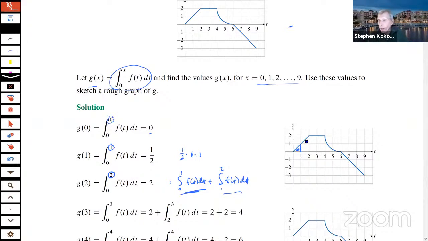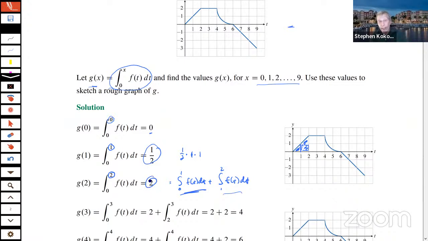So this amounts to finding all of this area plus all of that area. Over here, let's see, I have a square down here, so that's 1. And I have another part of a triangle up here, which is 1/2. So there's 3 halves in there, plus that 1/2 for a 2.